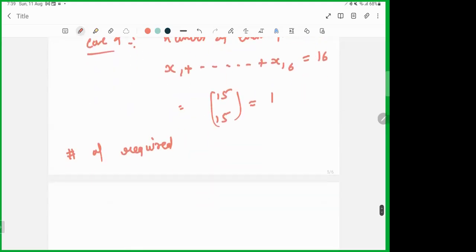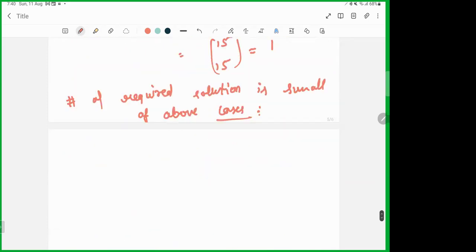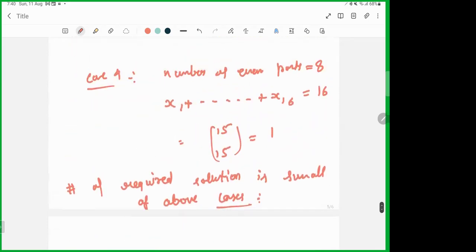Basically, this is the idea. If there is something missing, let me know. The number of required solutions is the sum of all our cases. Yes, 0 is also even. So I should consider case 5 as well, where the number of even parts is 0.